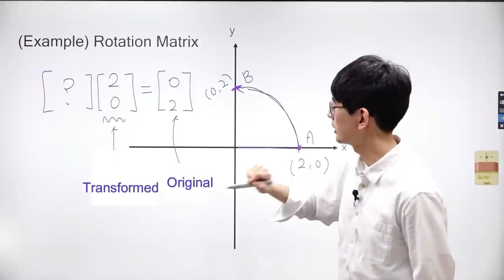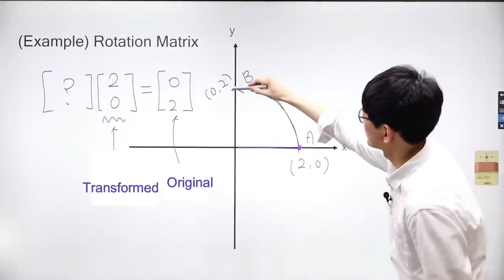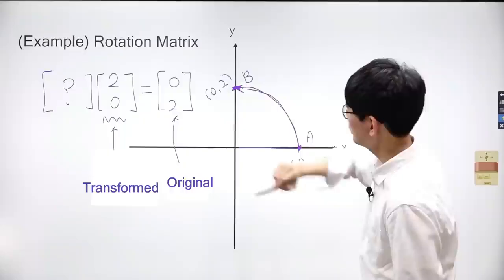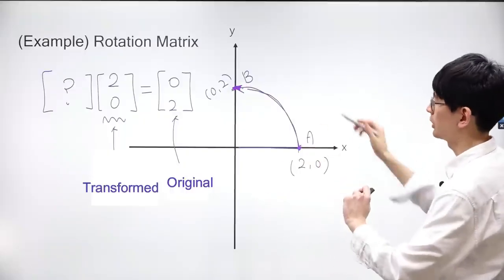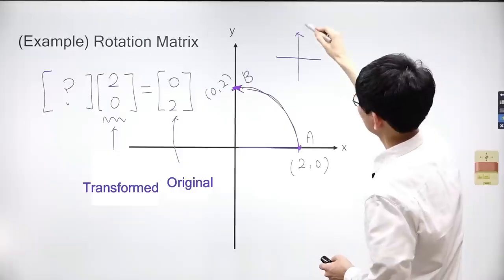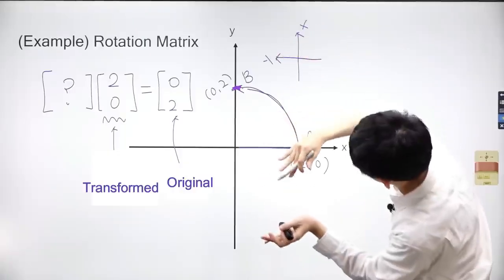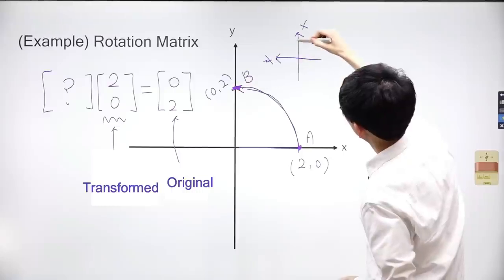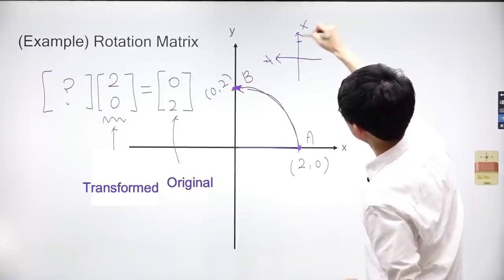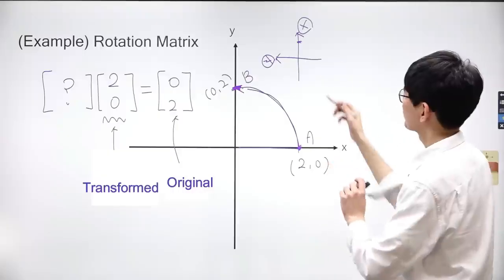How could we adjust the axis of the plane so that the coordinates 0, 2 correspond to 2, 0? One approach could be to designate the vertical axis as the x-axis and the horizontal axis as the y-axis. Consequently, the x value of the vector would be 2, and the y value would be 0.